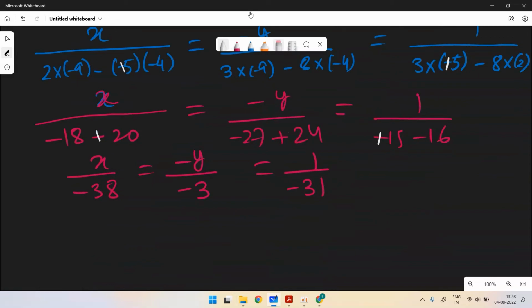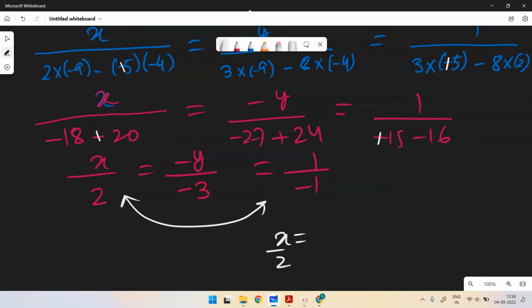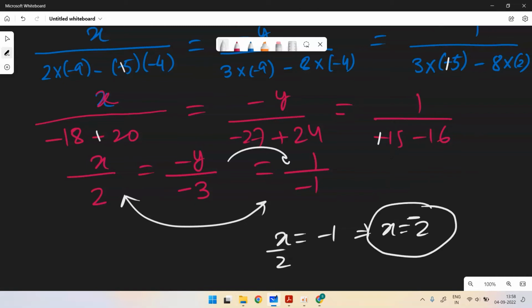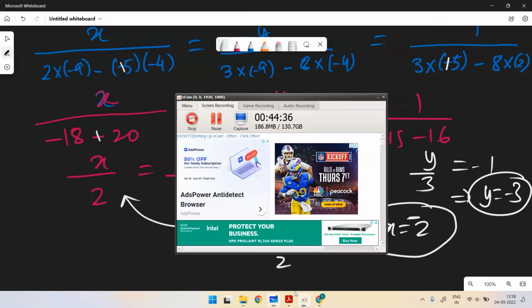Then the values will not be the same. The denominators become 2 and minus 1. So x over 2 equals minus 1, which implies x equals minus 2. And y over 3, minus and minus get cancelled, equals minus 1, which implies y equals minus 3. So x equals minus 2 and y equals minus 3 is the answer.